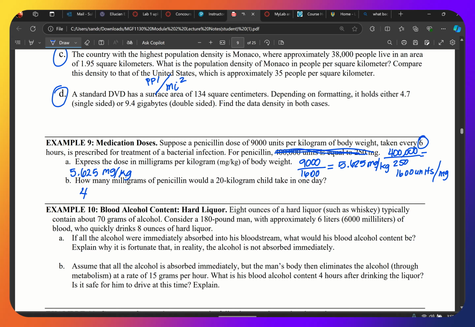So 4 times 20, because that's the kilograms, times 5.625 gives us how much? 4 times 20 is 80, times 5.625 is 450 milligrams.